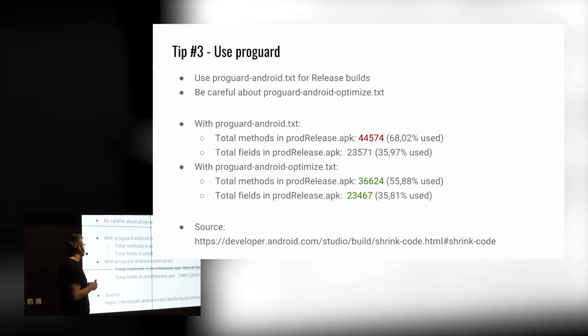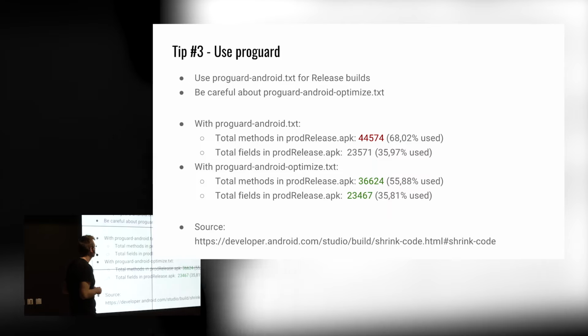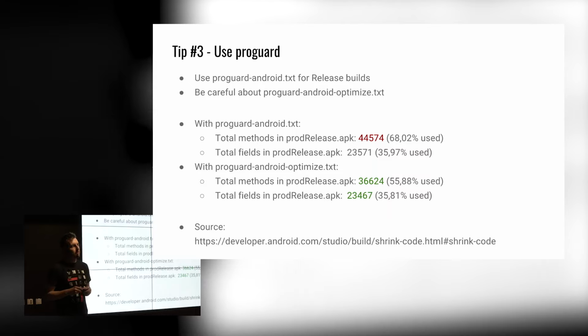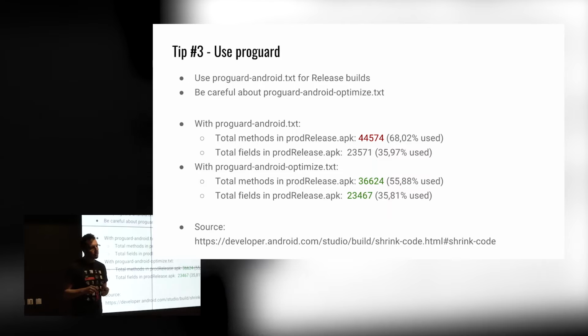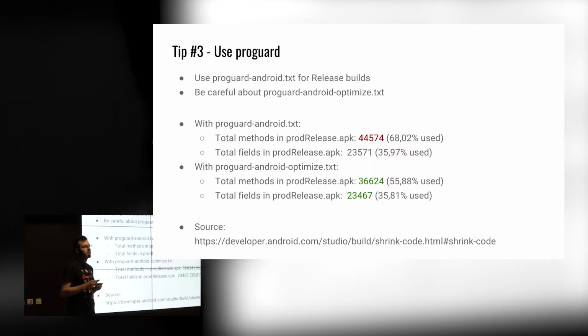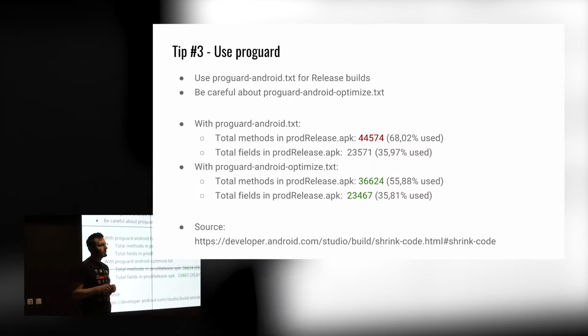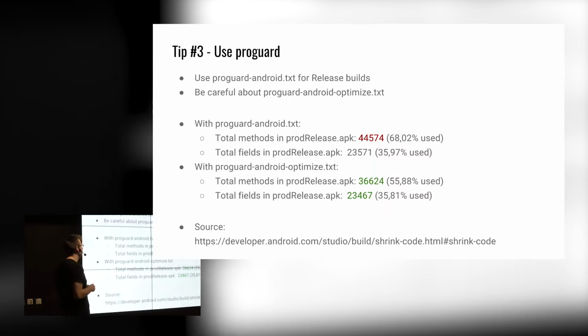But there's one thing that you can use, and it's the proguard-android-optimize.txt file, which, when you're building your APK, will also apply some other optimizations. And it should reduce your methods count and other things even more than before.